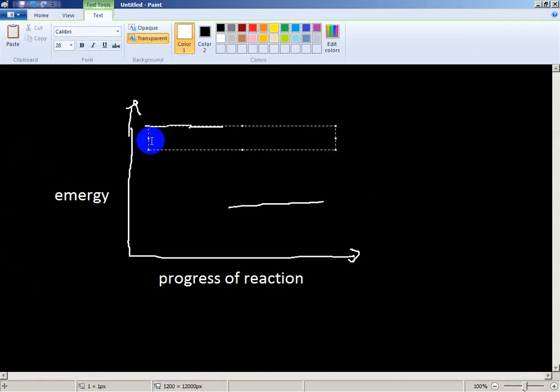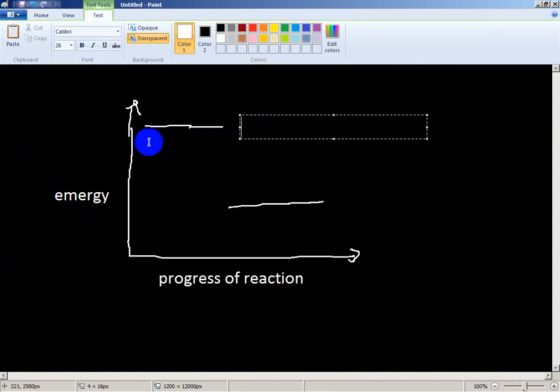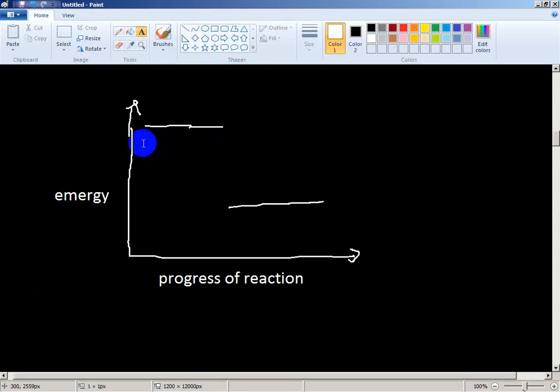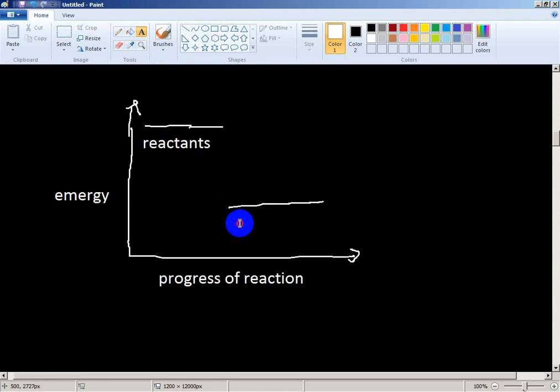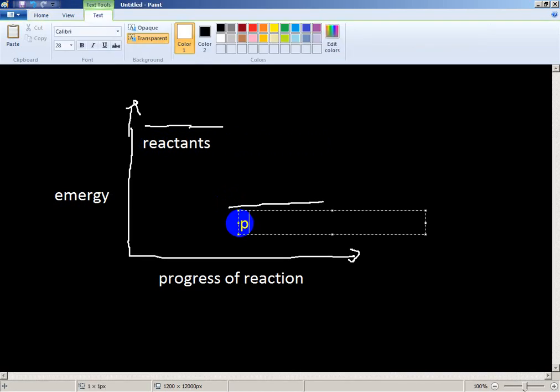These are the reactants. Here are the products. This is the exothermic.